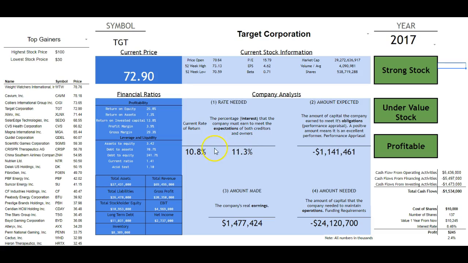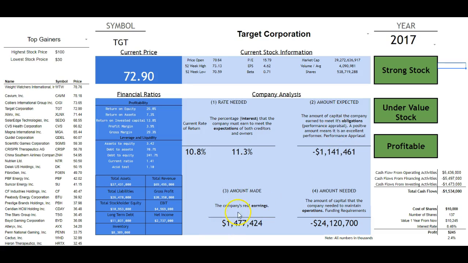The reason being is because it tells me that the company is actually meeting the expectations of both the creditors and the owners. Here on section 2, the amount expected, this is the amount that the capital needs in order to meet its obligations. Any positive number here shows that it's a good, well-managed company. Basically, this section is the performance appraisal.